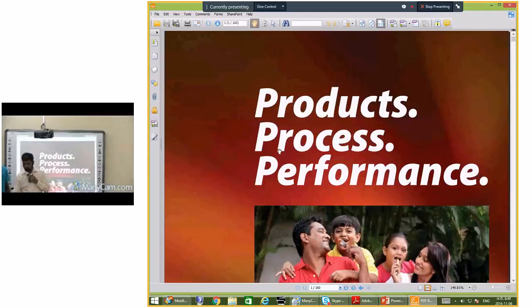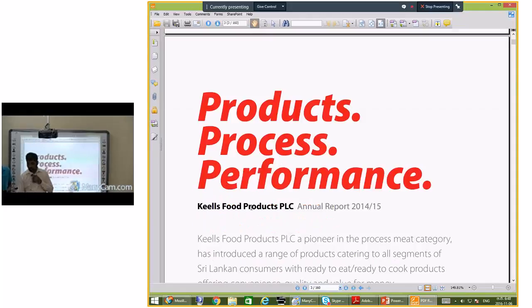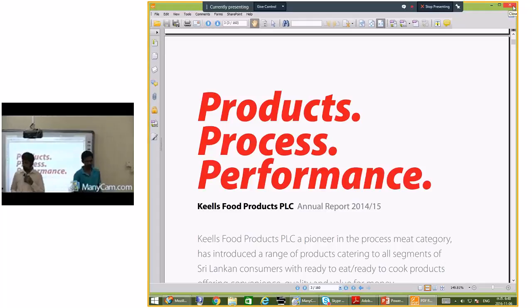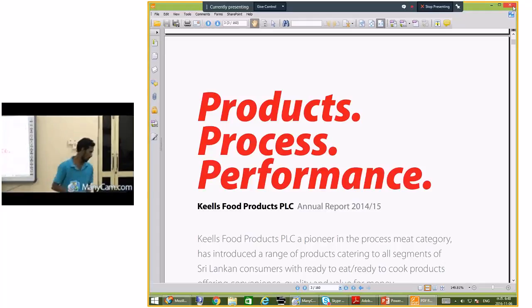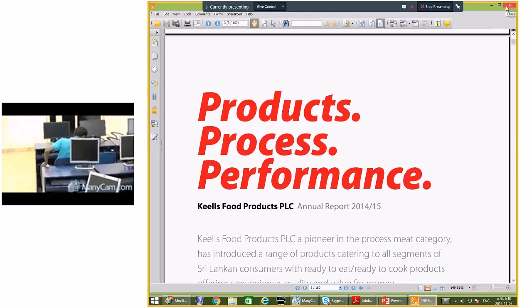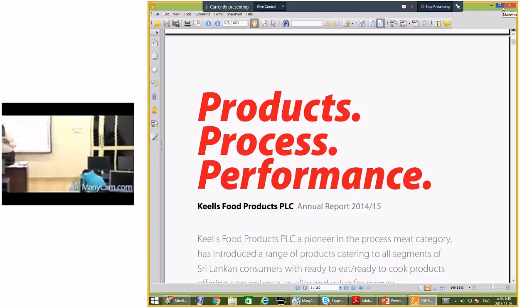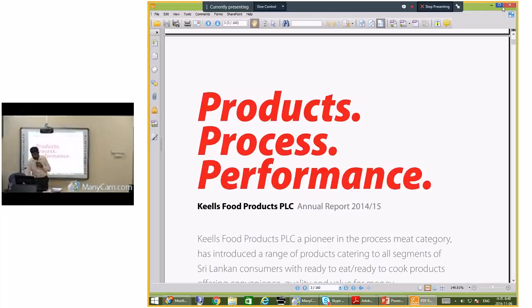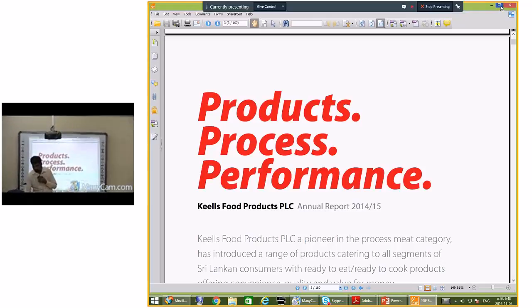This is from Keells Food Products. Next time we can discuss this type of standard and well-structured annual reports, their progress, how far they are applying standards, and whether they are following the minimum disclosure requirements. All of that we can discuss next time.